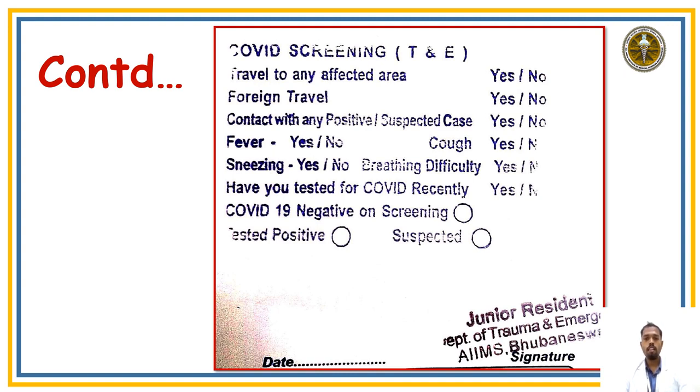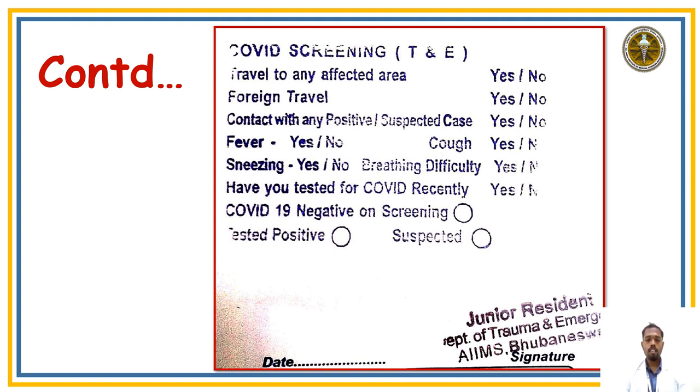This means they may have sat near any suspected cases, or are coming from any positive or suspected zone. Next is fever, yes or no, which is mostly objective with the help of the thermal scanner. Next is cough, which you can observe objectively.